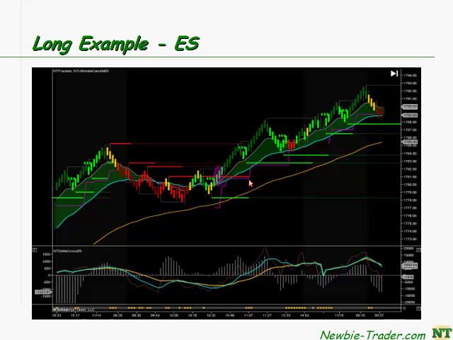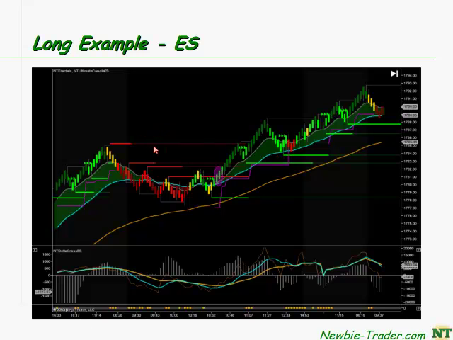I turned it to magenta just so it'd be easier to see for the presentation purposes. But what I want you to concentrate on is the area that I have marked that is a valid long signal, and we take our first and secondary targets, and then this trail is for the third contract.